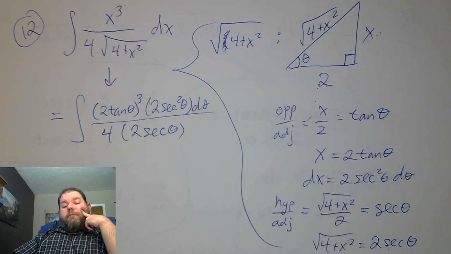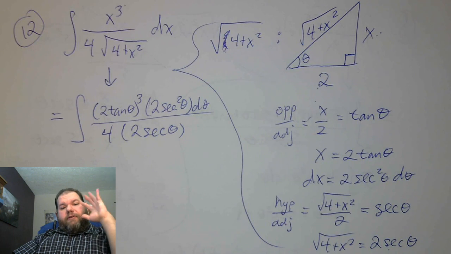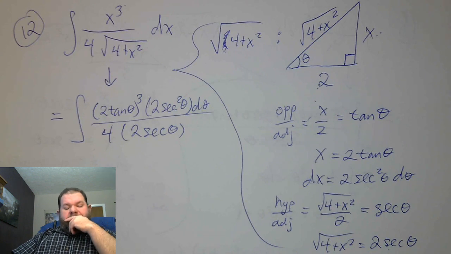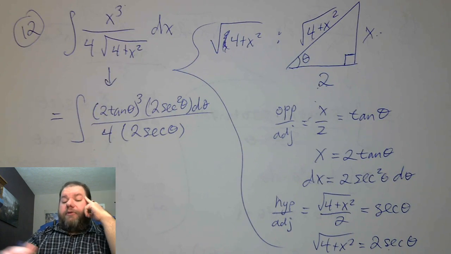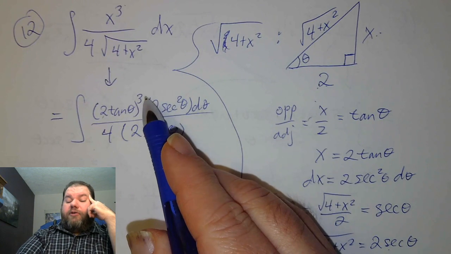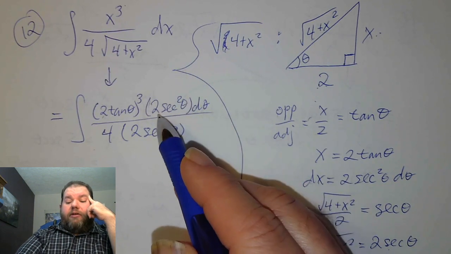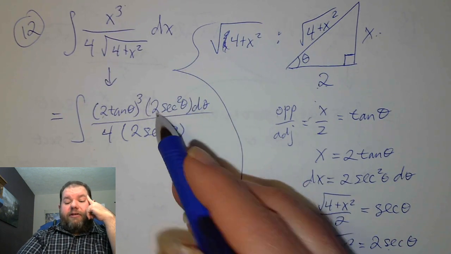Okay, this one's not going to have things cancel out entirely, which is nice. Working with the constants, we have 2 cubed, which is 8, times another 2, which is 16.